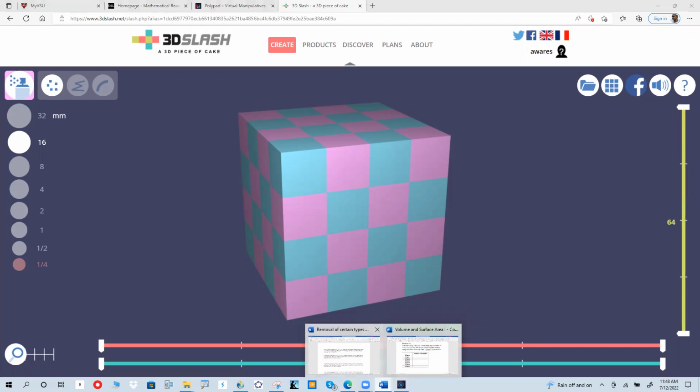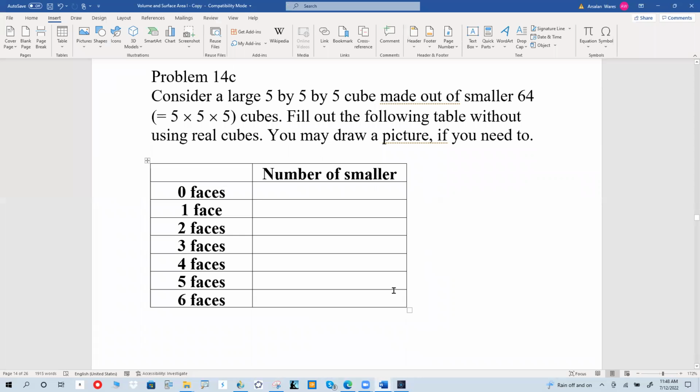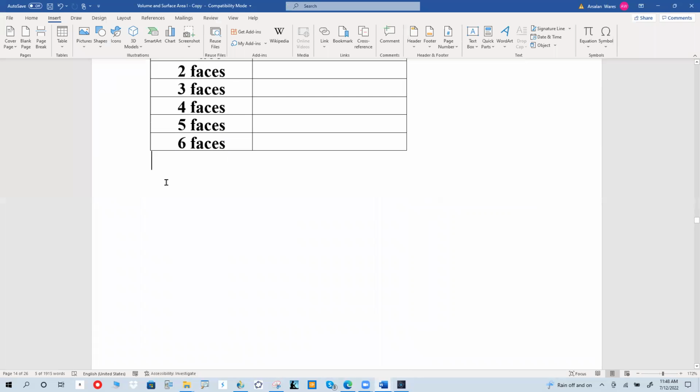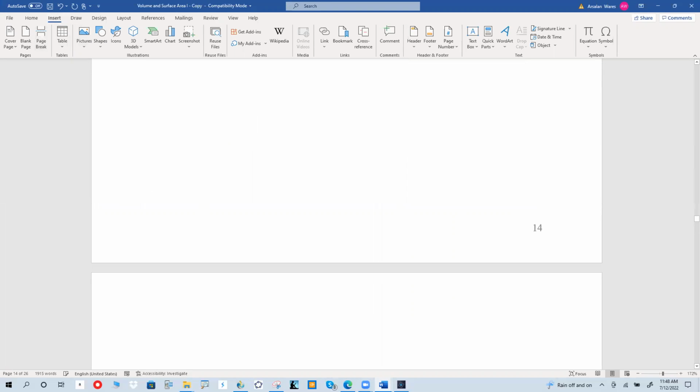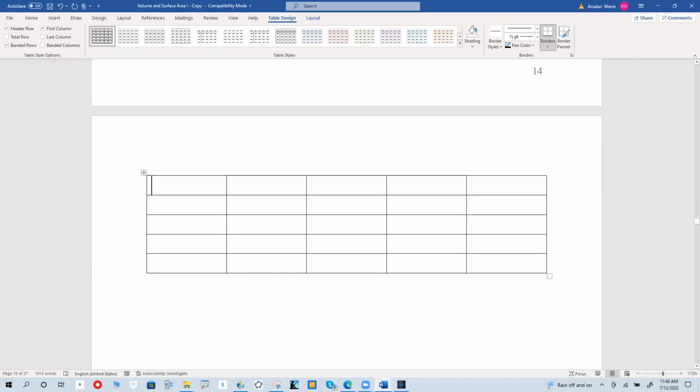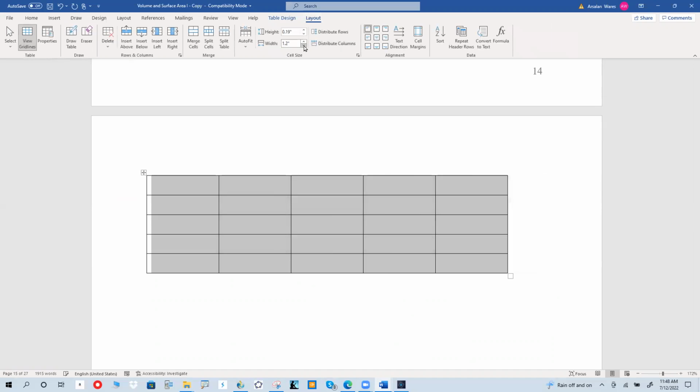So right now, I'm going to draw one face, and one face of a 5 by 5 by 5 cube will simply be a square that's 5 by 5. It doesn't matter how you draw. Most of you will have a piece of paper, and you're going to have nice 5 squares. Easy to draw.